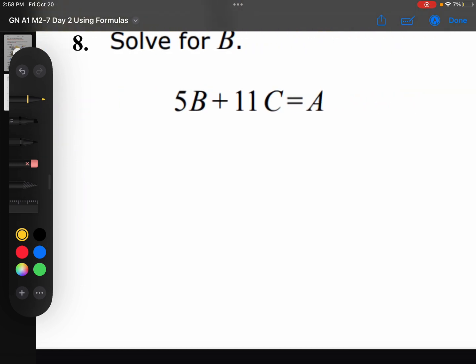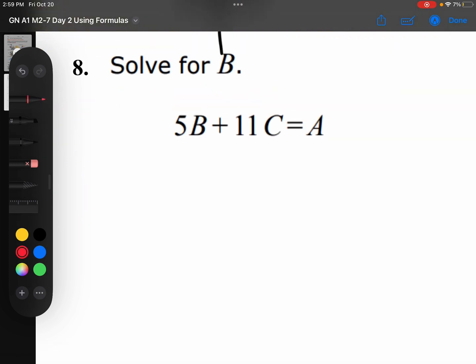Okay, moving on from there, we need to solve for capital letter B. So we're going to draw our line to separate our equation. The first thing we need to do before I can touch this 5, I've got to get rid of this. To get rid of the 11c, we are going to subtract 11c from both sides.